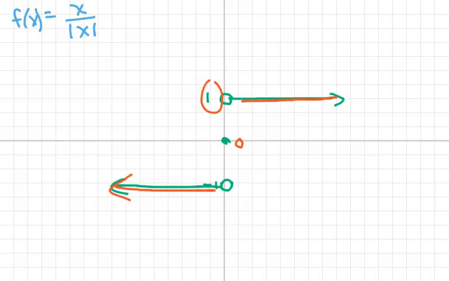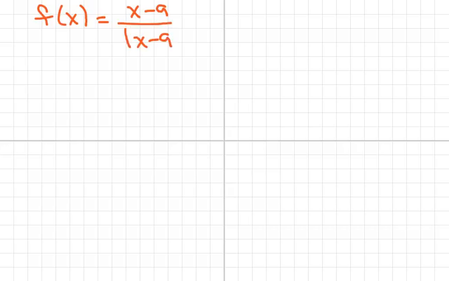And the other one that we did was f of x equals x minus 9 over the absolute value of x minus 9. Basically, that's just a shift to the right by 9. Right here.